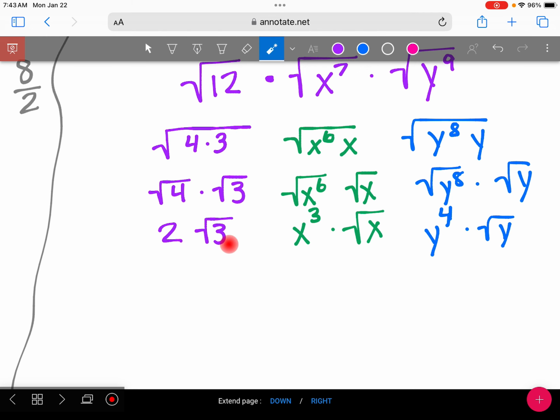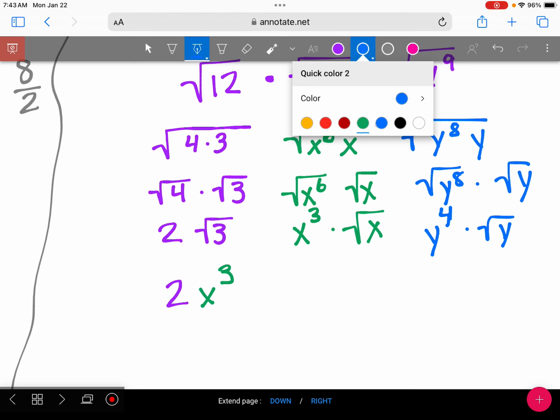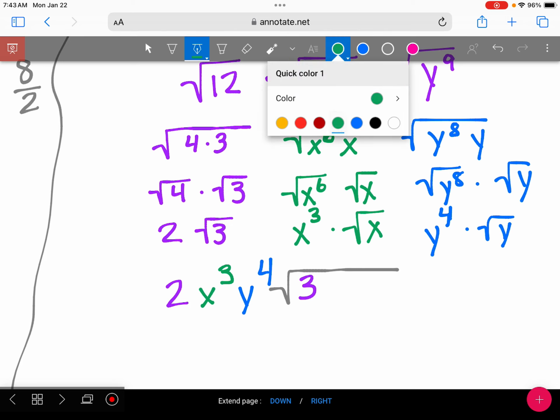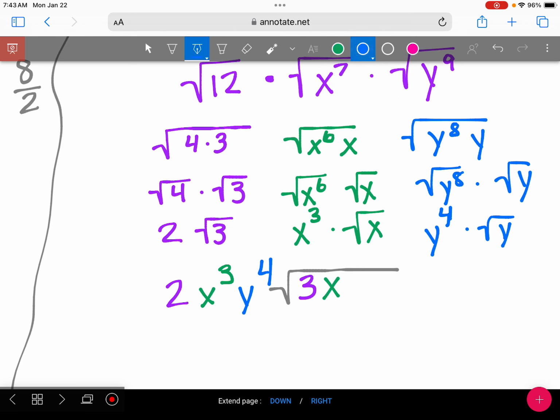So these are all of our fully simplified pieces, but it looks like a hot mess now. So what I'm going to do is clump together all the things that are outside my radical. So I have 2, and I have x to the 3rd, and I have y to the 4th. And then we have everybody that's inside the radical together. I'm going to have my 3x y.